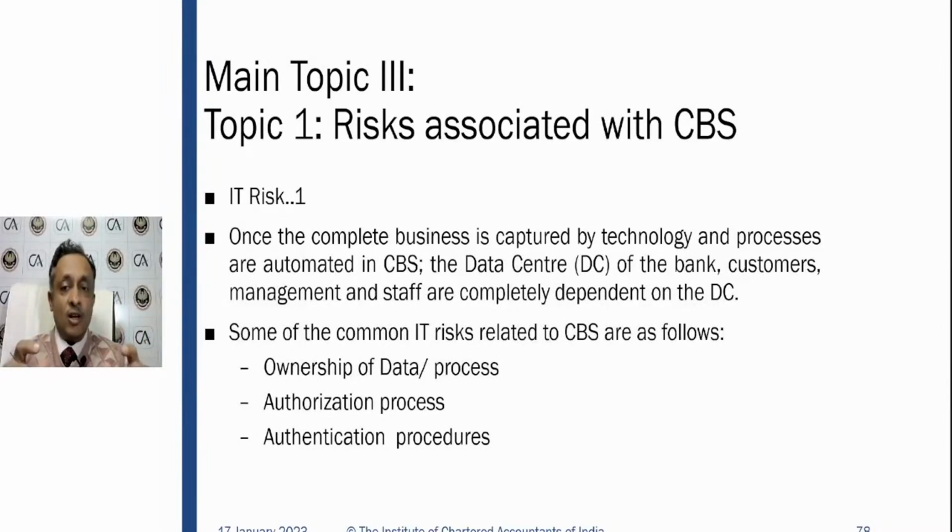If the internet is not there, the bank is not going to work. Customers and all people are dependent on the bank, and everything is driven by the system. So system availability becomes critical. Then some of the common technology risks relating to the core banking system relate to the ownership of data and process.